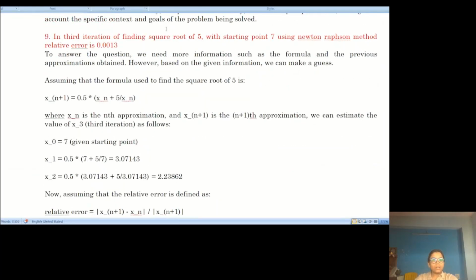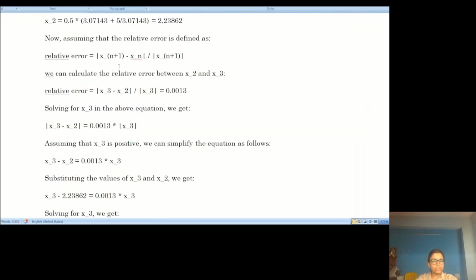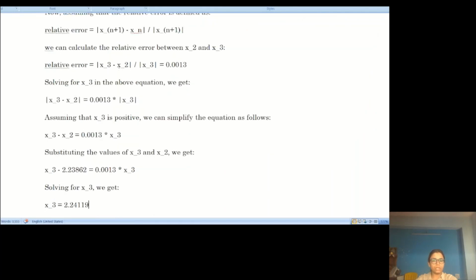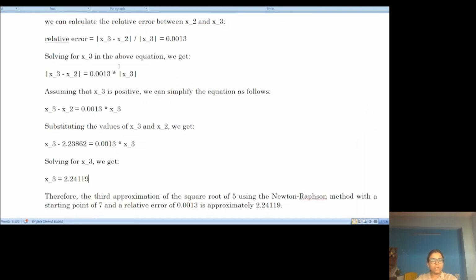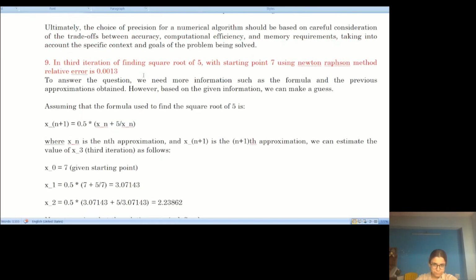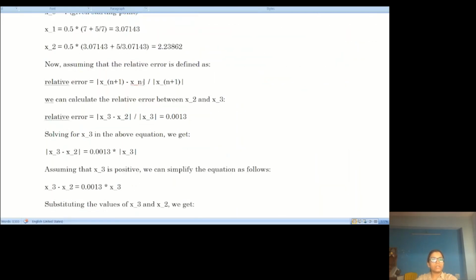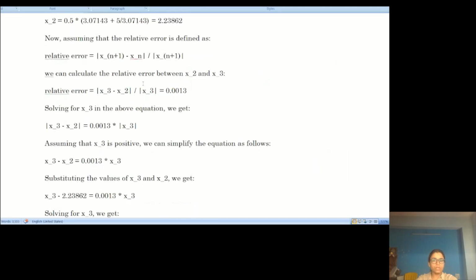In the third iteration of finding the square root of 5 with starting point 7 using the Newton-Raphson method, the relative error is 0.003. You can see through the computation here that the square root of 5 is computed and the relative error is measured.